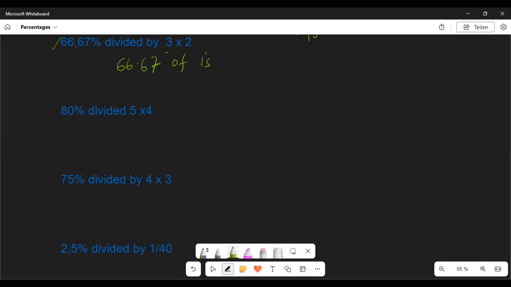So basically, we're going to quickly divide 15 by 3, which gives us 5, and then 5 multiplied by 2 will give you 10. So 66.67% of 15 oranges will be 10 oranges. So assume we're talking about oranges. And that is how this is done, and it goes very quickly.